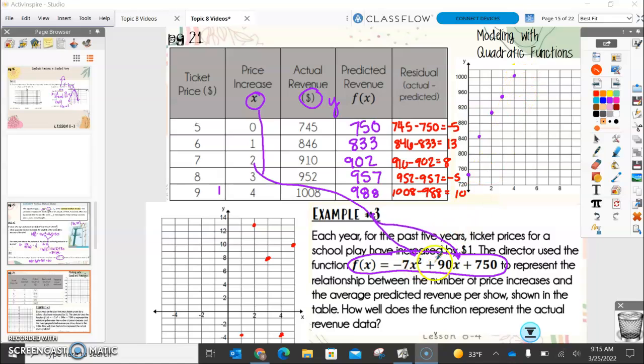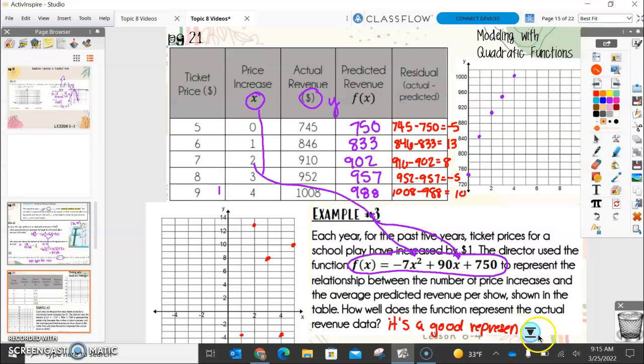And we could actually graph this parabola. Say you had some digital abilities to plot those points on Desmos and the parabola, you would see they fit pretty darn good. Well, if we don't have that option to plot both of them, when we plot the residuals, having residuals that bounce back and forth on both the positive and negative side of the axis means that we had a good representation.